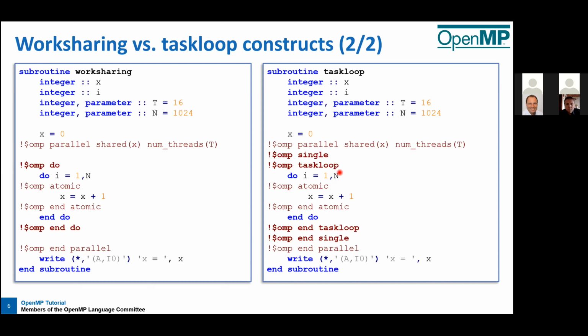And once the first thread is done with cutting up the loop, it will join in to execute so that you get the full 16 threads executing OpenMP tasks. All right, and if you do this, you get the expected result.